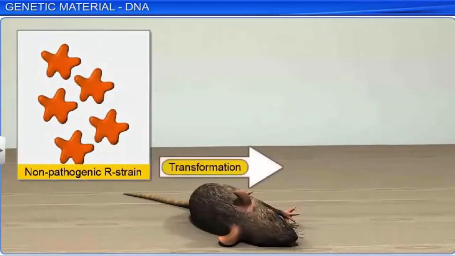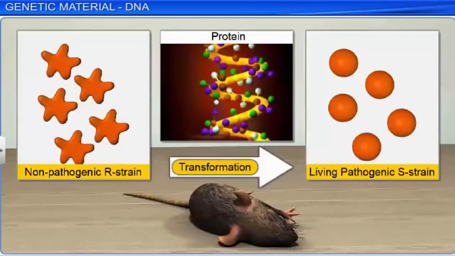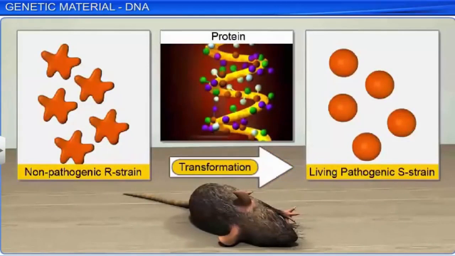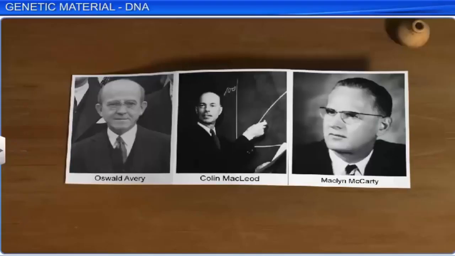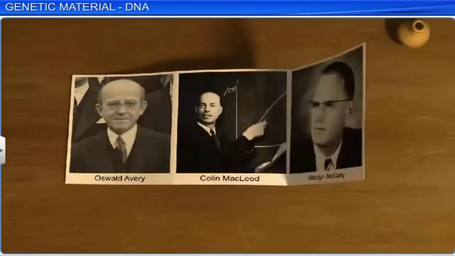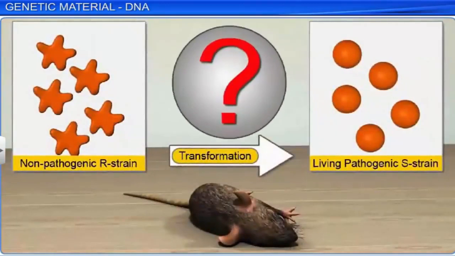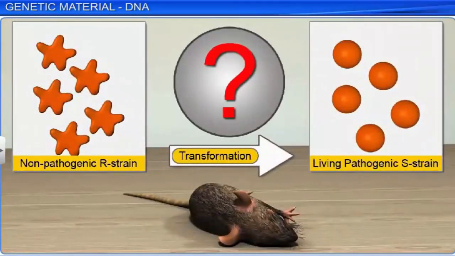Yet for a long time, due to lack of conclusive proof, proteins were believed to have caused this transformation. However, in 1944, Oswald Avery, Colin MacLeod, and Maclyn McCarty worked together to determine the biochemical that had caused the transformation in Griffith's experiment.